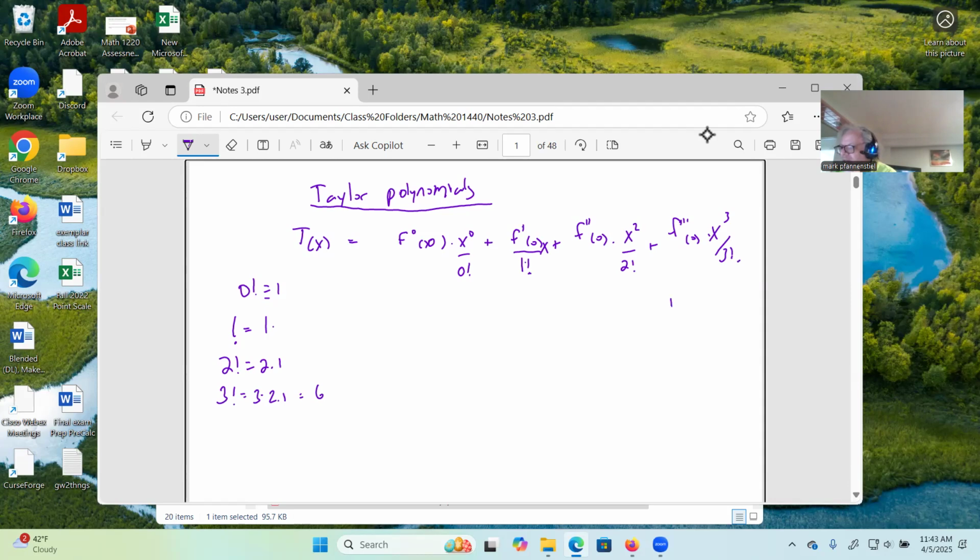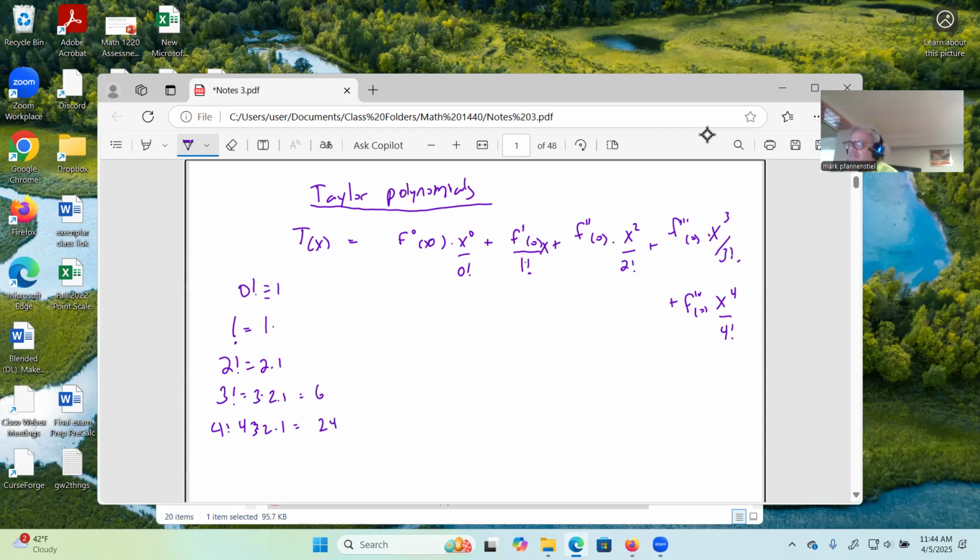Plus, and we'll say this is f4, sometimes they use Roman numerals, but f4, the fourth derivative, times x to the fourth over 4 factorial. 4 factorial is 4 times 3 times 2 times 1, which is equal to 12 times 2, which is 24.